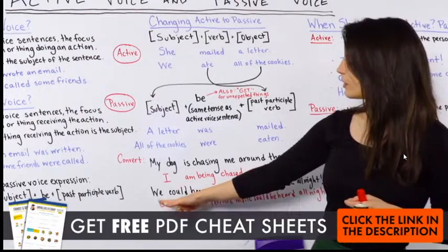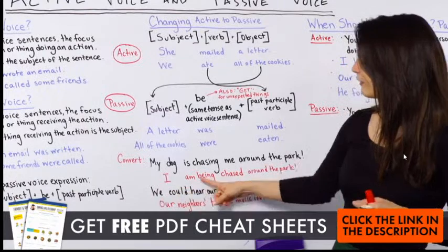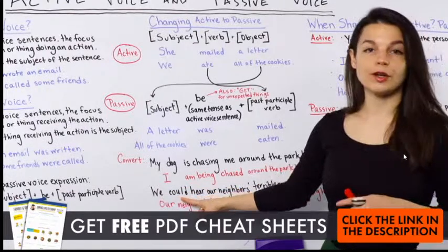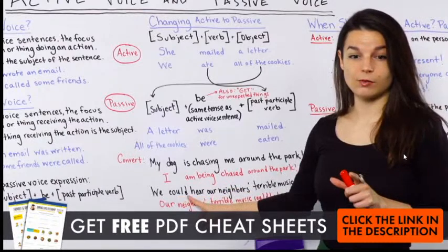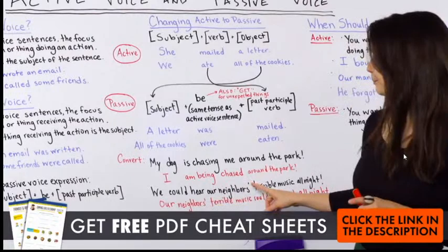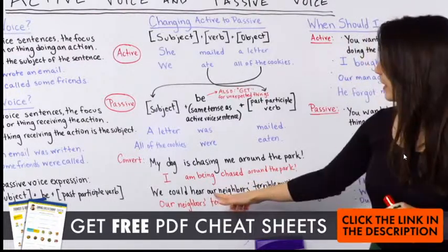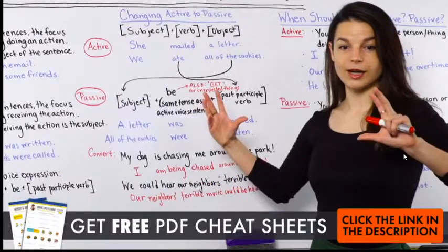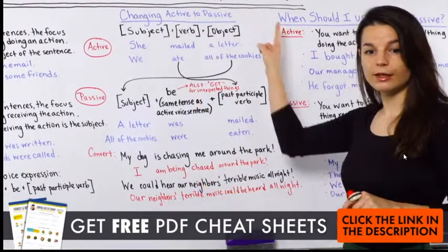So here my subject is we. My verb, I have here as well. And I also have this word could. So let's keep could there as well. And then our neighbor's terrible music. This is a long object. So this part is the object of the sentence.